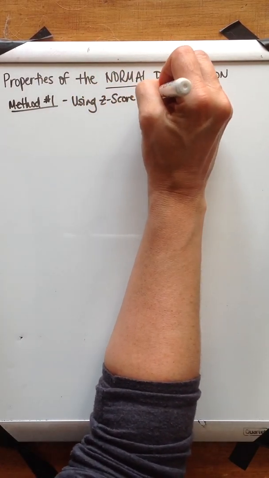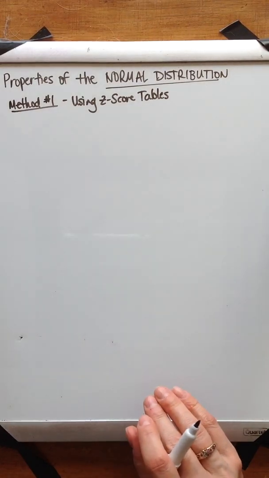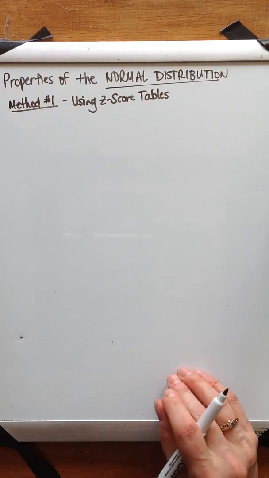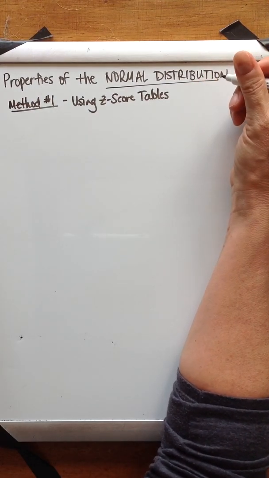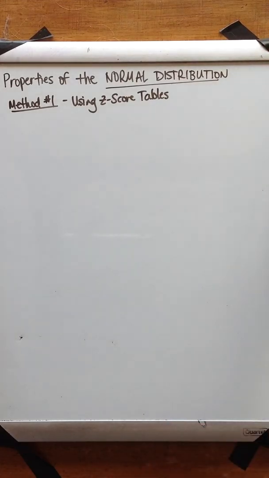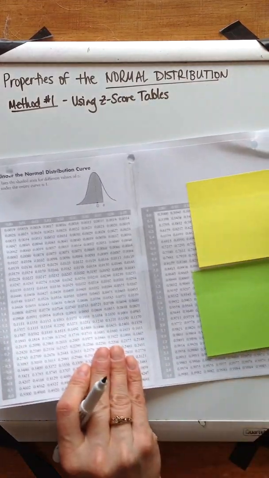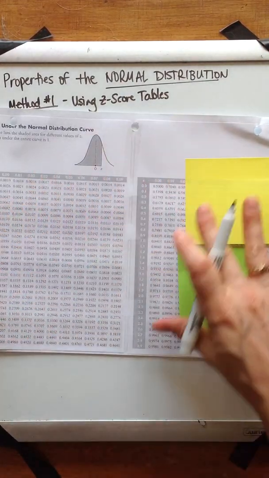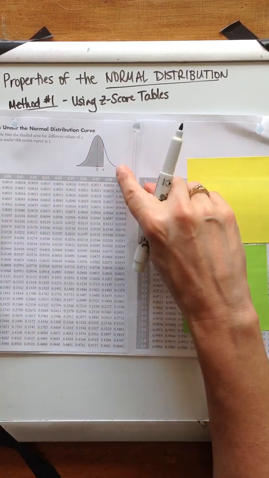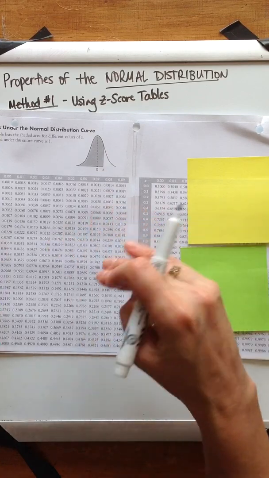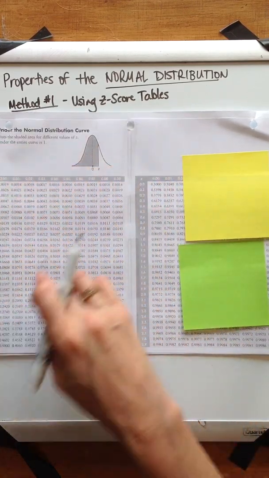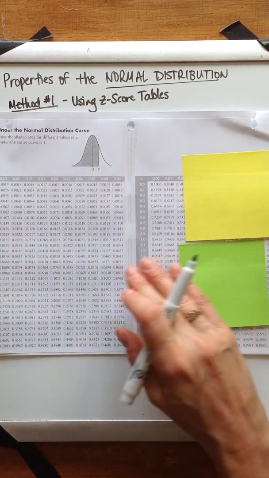So it's important to note that there is a direct relationship between the value of a Z-score and the probability of an area under a curve. Okay, so at the top of the table, and this is the one that's from the back of your book, you'll notice that there are a couple things to note. We can relate a Z-score, which is shown here, and I'm going to show you how to use this table, and don't worry.